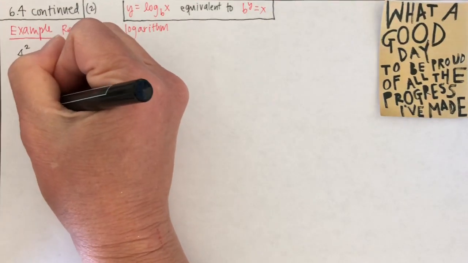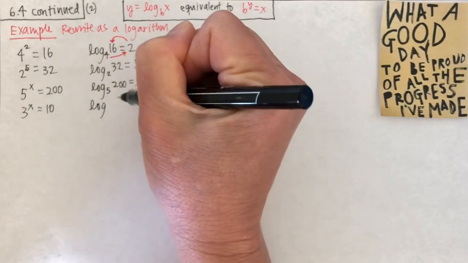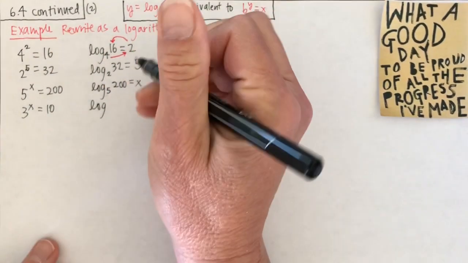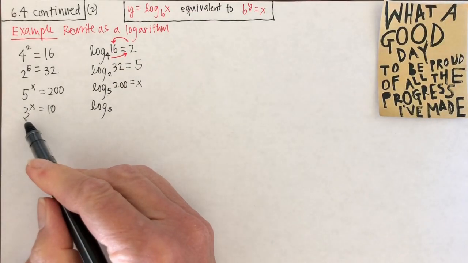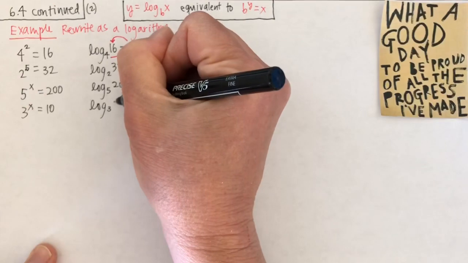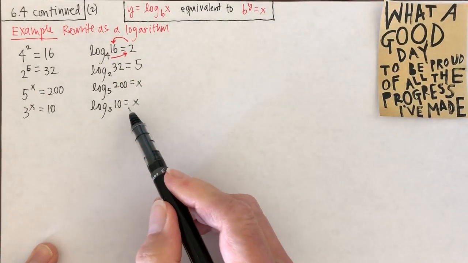If I wanted to rewrite 3 to the x equals 10 as a logarithm, then my base is 3, just like the base of the exponent is 3. Log to the base 3 of 10 equals x.